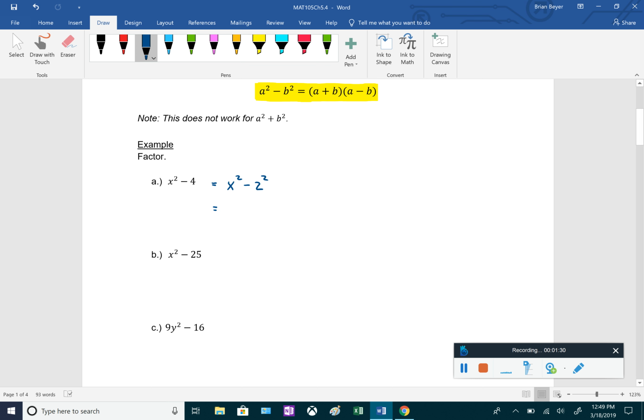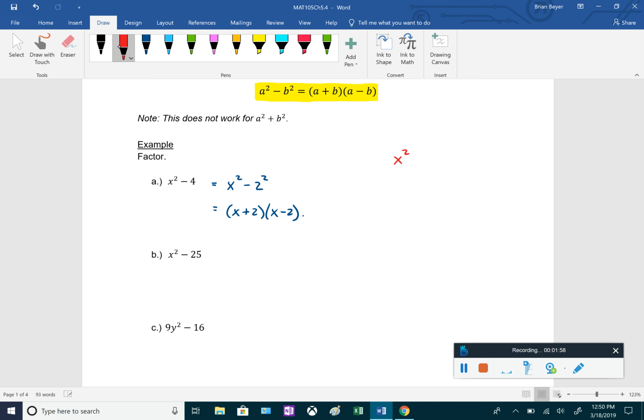Based on this rule, it's going to be x plus 2 times x minus 2. So that's the factored answer for this one. The a value is x and the b value was 2. And then you can FOIL that back out, distribute, and make sure you get x squared minus 4 if you want.